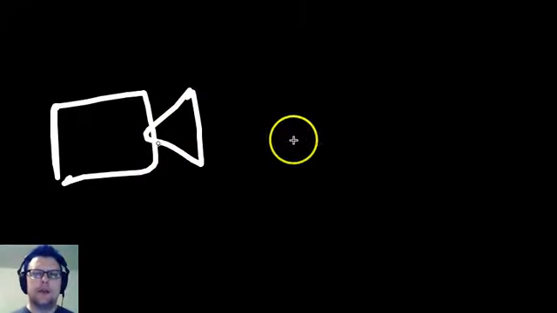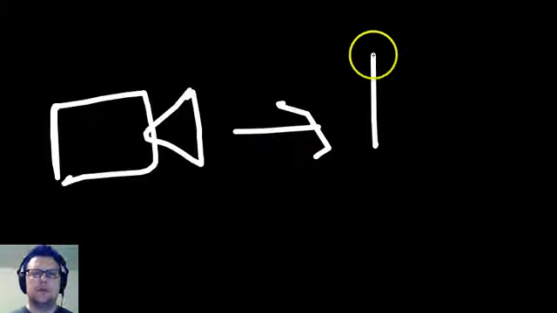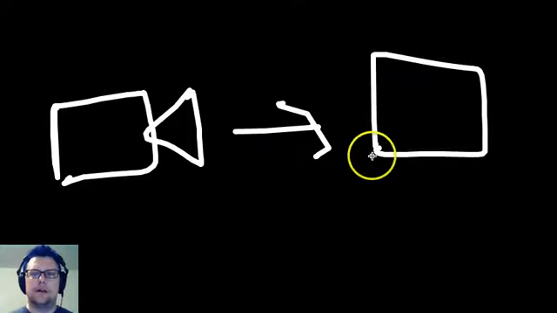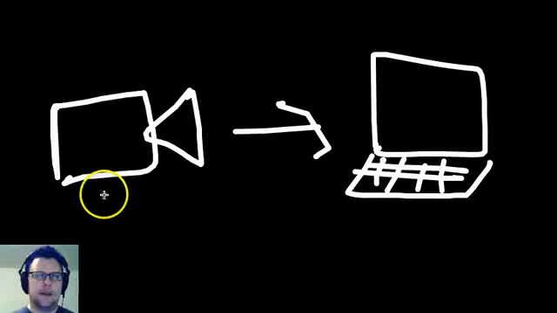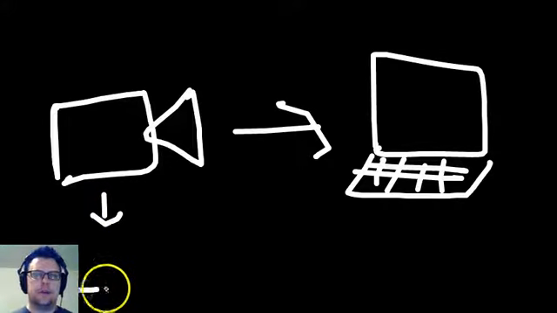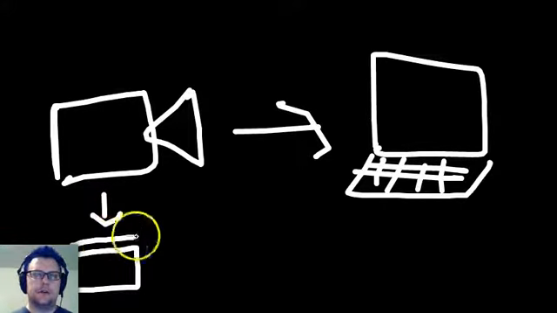Excellent. Okay, so the first thing that you need to do is you've got footage on your camera, and you need to get that into the computer, right? Because the computer is where we're going to do all of our editing. But what we've got here is actually a video tape that has all of our footage on it.